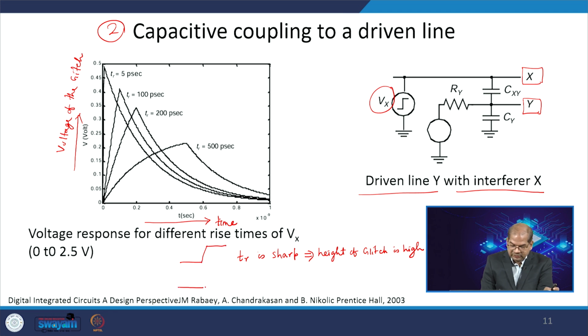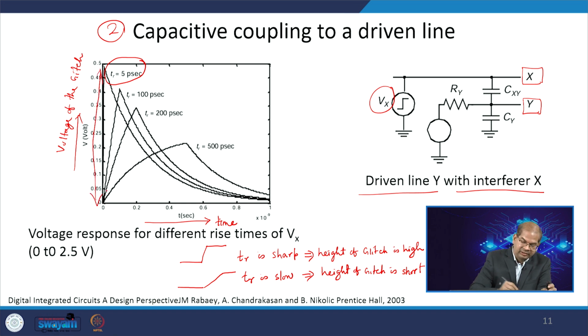If I am doing a slow transition like this, T rise is slow, then the height of the glitch is small. If you see here, whenever the T rise is 5 picoseconds, the height of the glitch is higher, this is the height. Whenever my T rise is 500 picoseconds, the glitch height is smaller, but the width is larger.